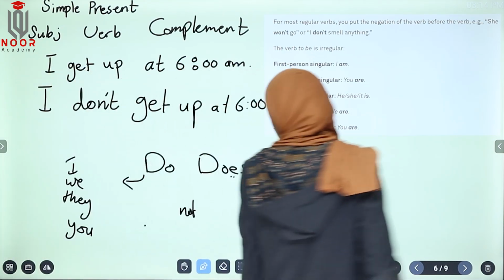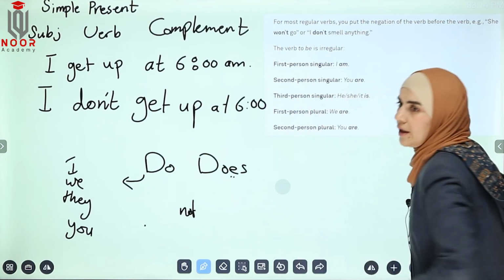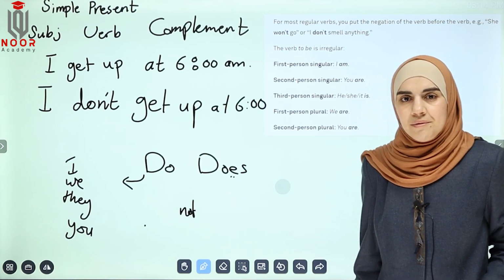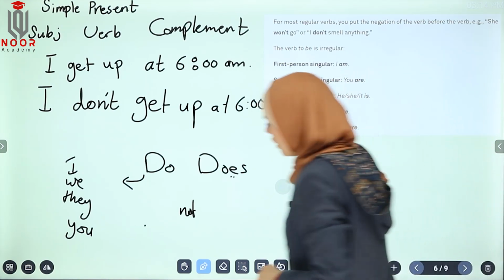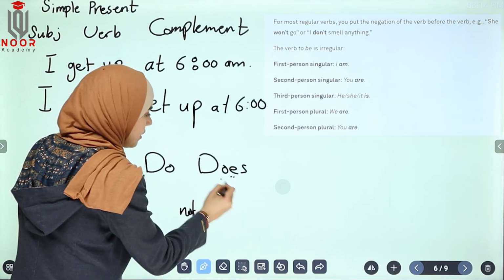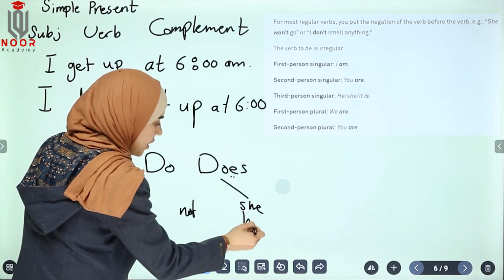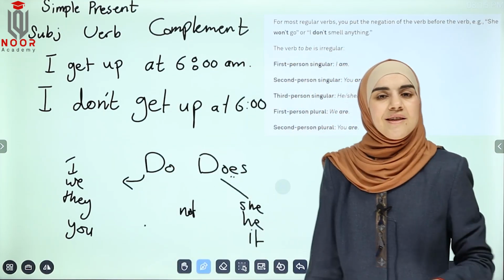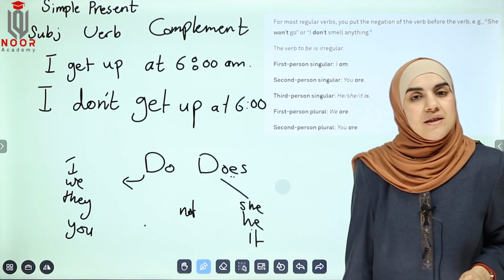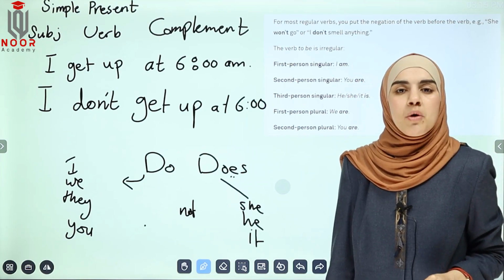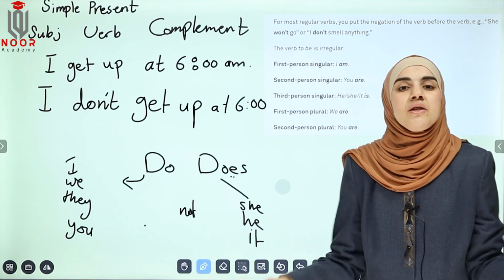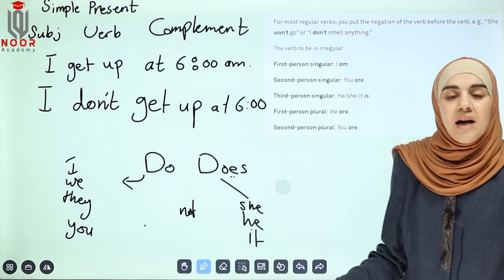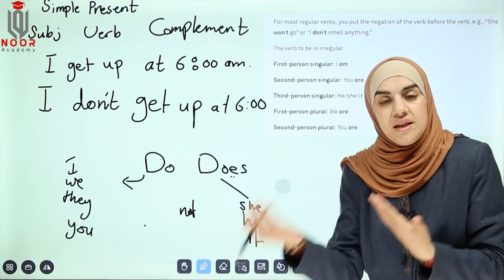So you can say, we don't get up early on Fridays. Or she, he, and it: Selma does not get up early in the morning. So she doesn't get up early. In general she doesn't wake up early, so I am talking about her routine in the negative.